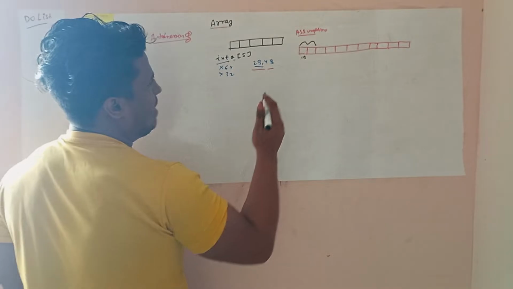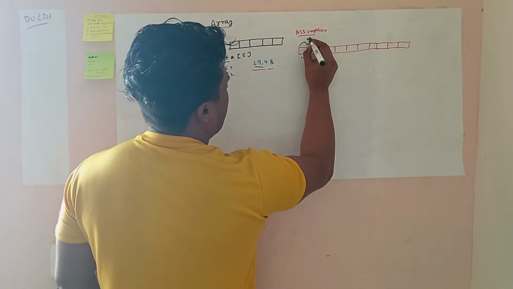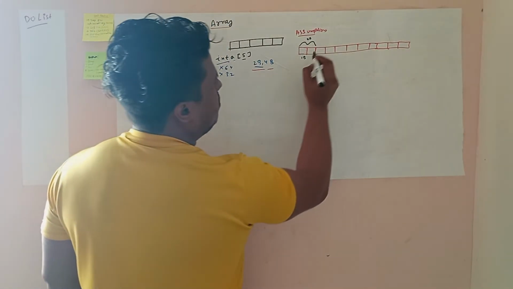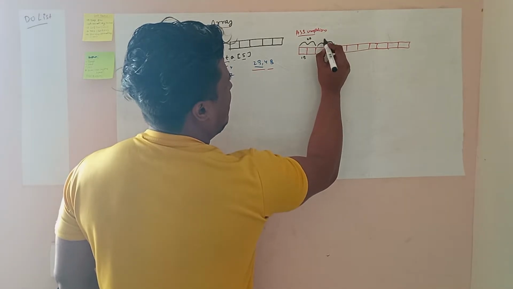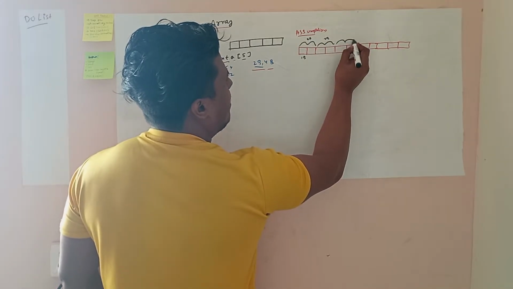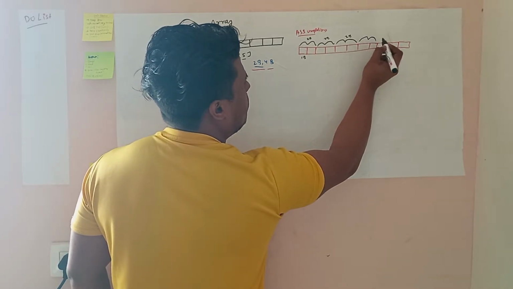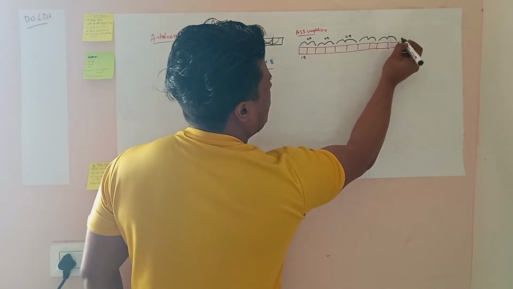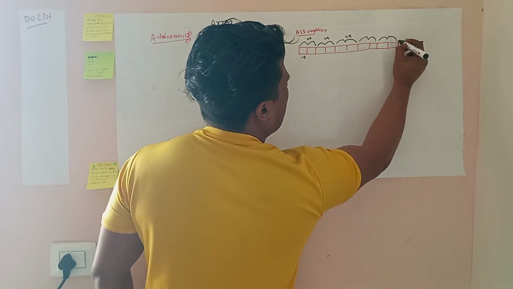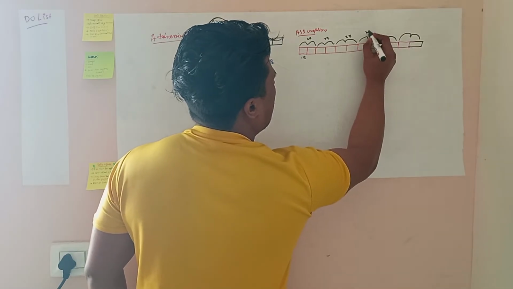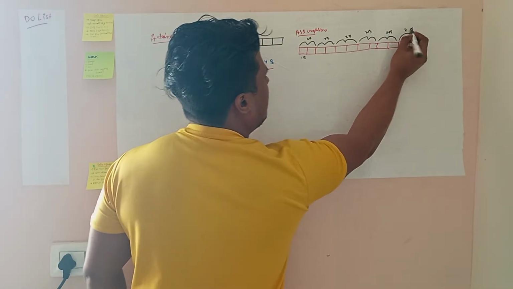What do you mean by this? This is 2 bytes, and there are 5 allocated memories. So 2 bytes, this will be one block I am considering, then 2 bytes, 2 bytes, 2 bytes, 2 bytes.